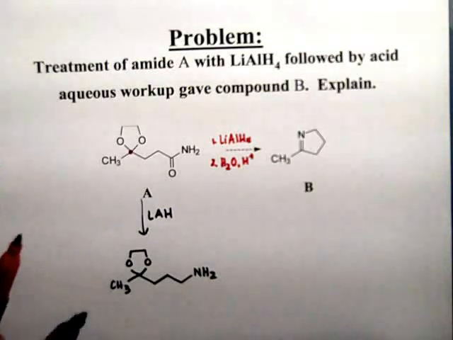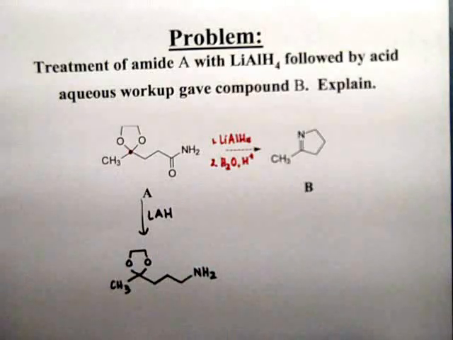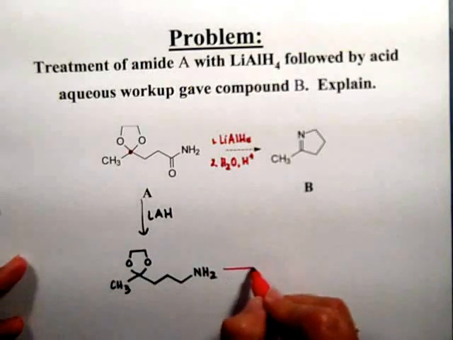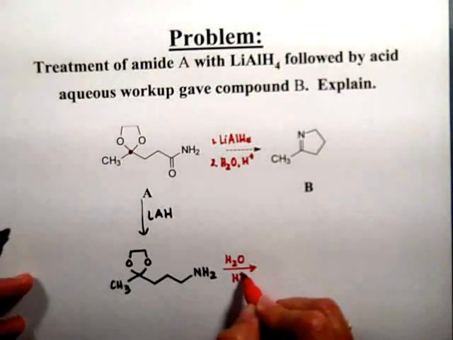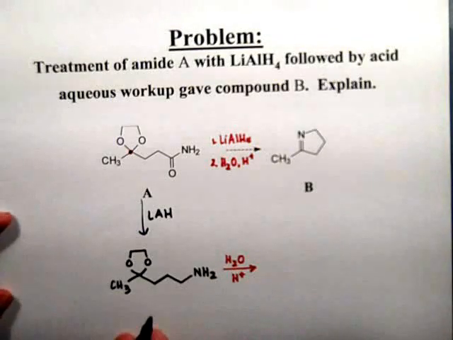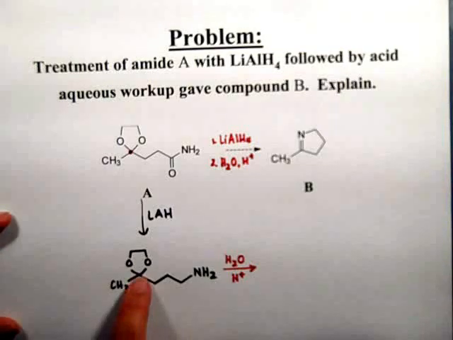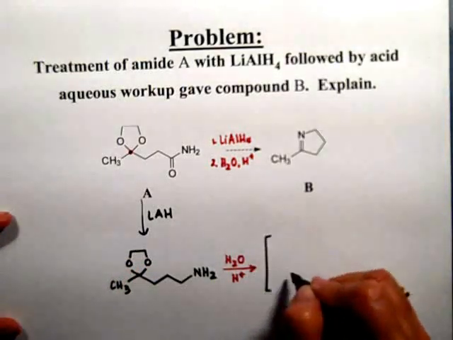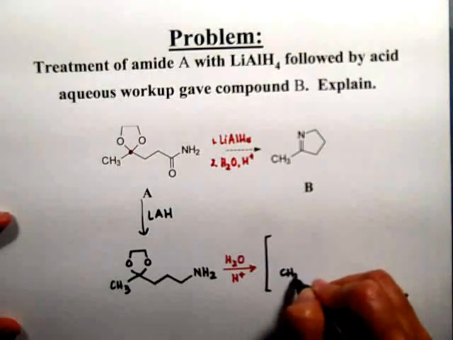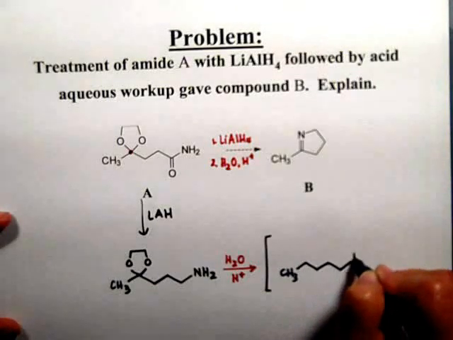Now the problem starts right here in that quenching. That's where things go wrong. So when you add water and acid, you think you're going to be cleaning up your aluminum salts and your lithium salts, but you're also deprotecting the carbonyl. So for a little bit here, we are going to get the carbonyl.